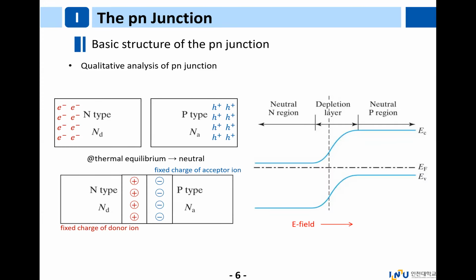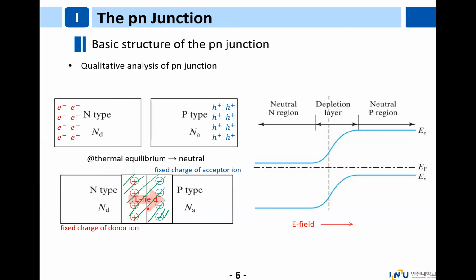Consequently, in this junction region, only the plus fixed charge due to donors and the minus fixed charge due to acceptors remain, creating an electric field from plus to minus.